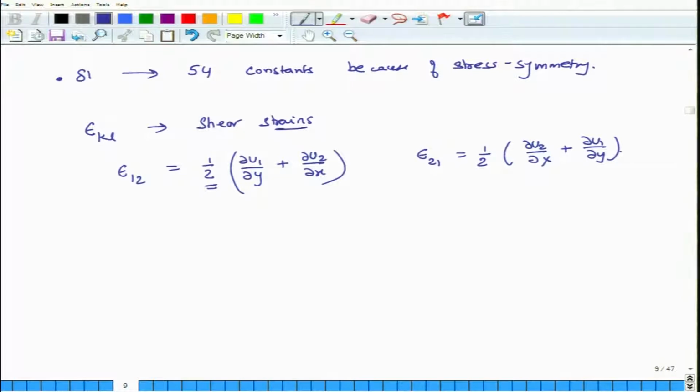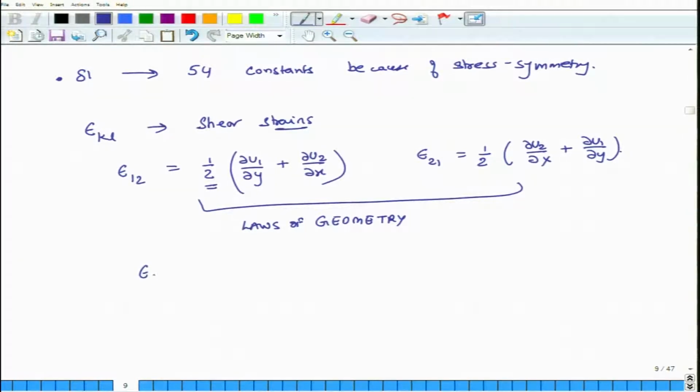So, this comes from geometry. These conclusions are from geometry. Laws of geometry, like Newton's laws, are always true; they cannot be violated. So, if these strains are linear in nature, then epsilon 12 is identically equal to epsilon 21 in all cases.